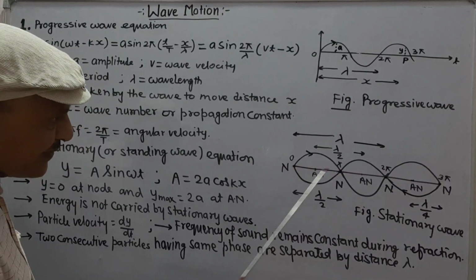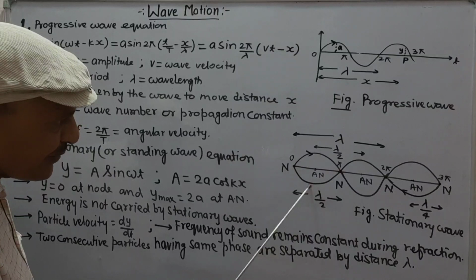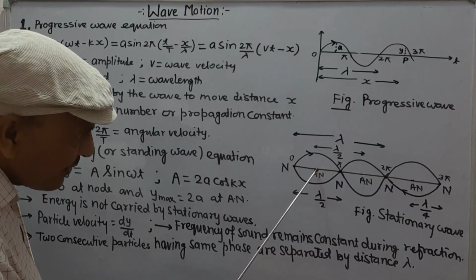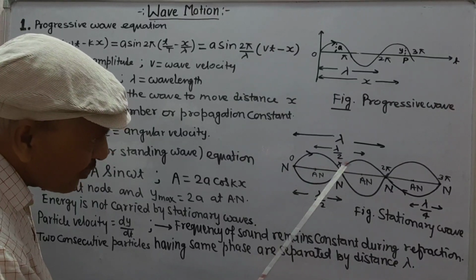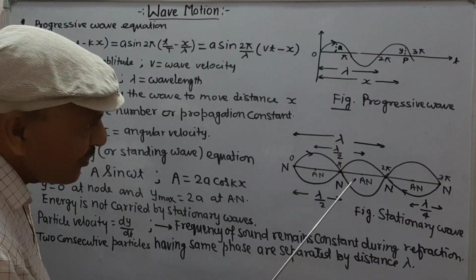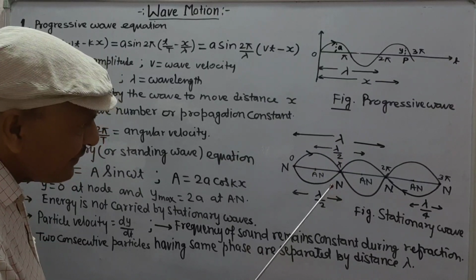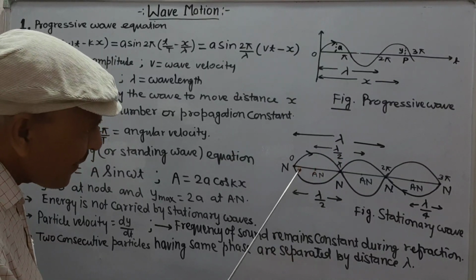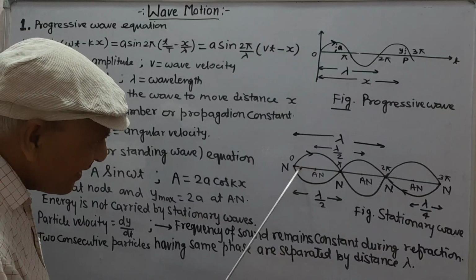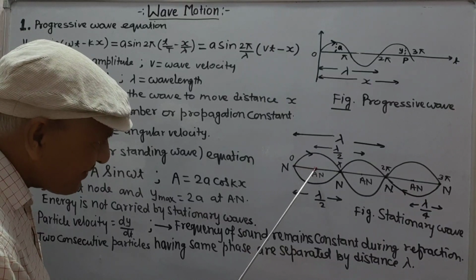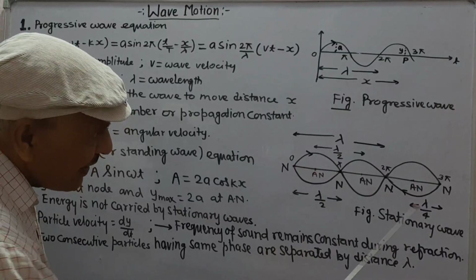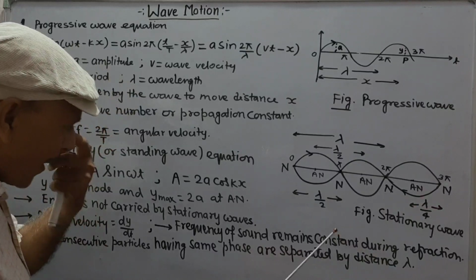Clearly the distance between two consecutive nodes is lambda by 2. Also the distance between two consecutive antinodes is lambda by 2, and the distance between a node and its nearest antinode is lambda by 4.